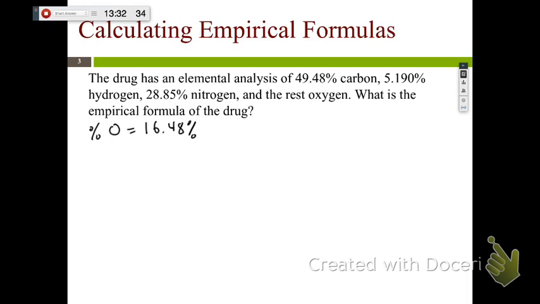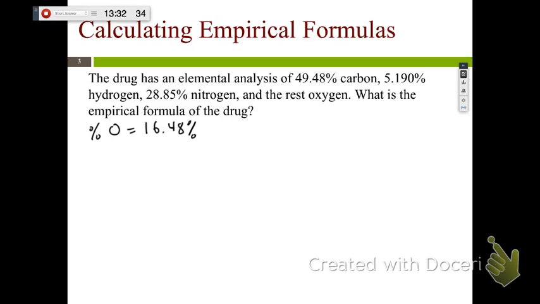So I think a lot of people are like, oh, percentage, that's grams. No, percentage is not grams. So you have to say, if I have 100 grams, then I have 16.48 grams of oxygen. Do you see the big distinction there? This is not grams, but if we have 100 grams, then that's how many grams of oxygen we have.